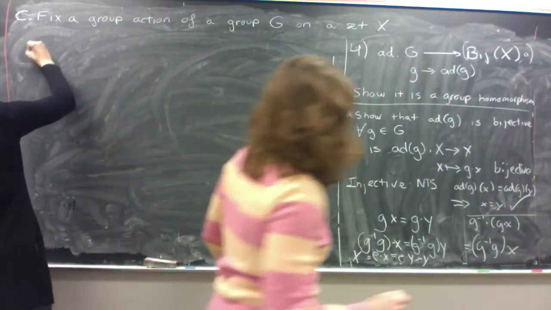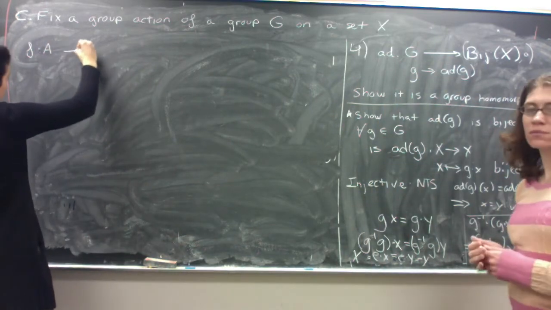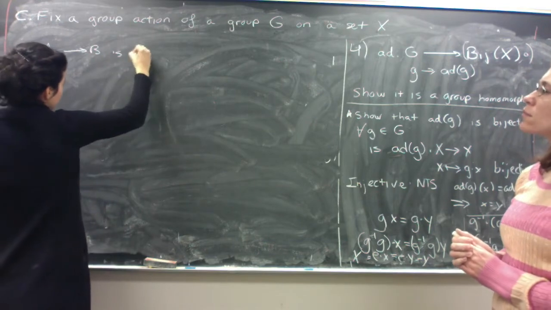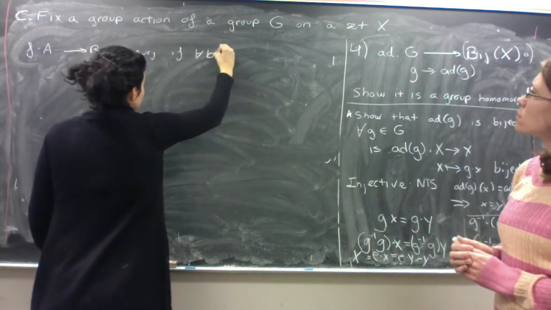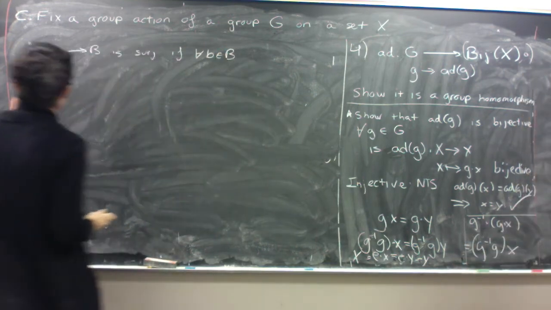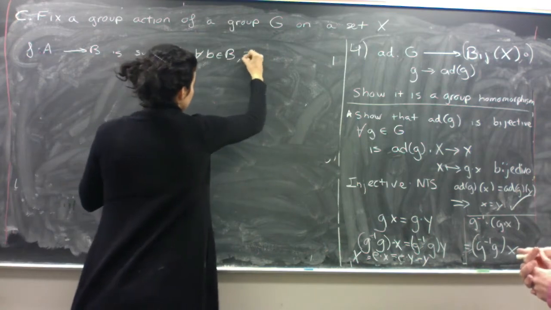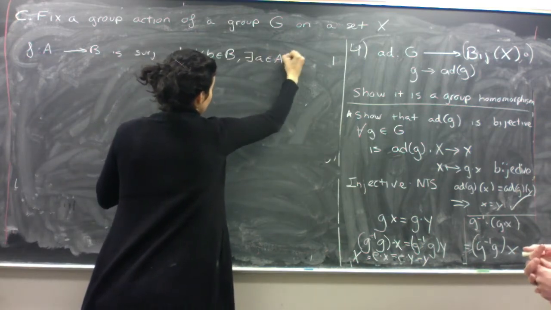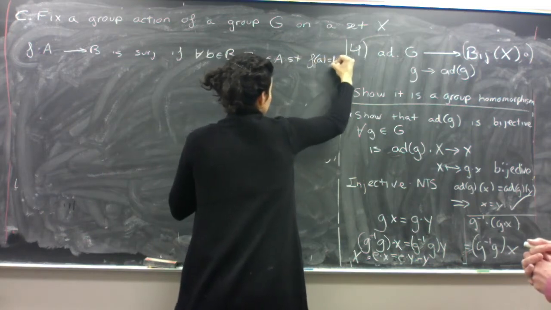So f from A to B is surjective if for all elements of B, you can find something in A that maps to it. So there exists a in A such that f(a) equals b.